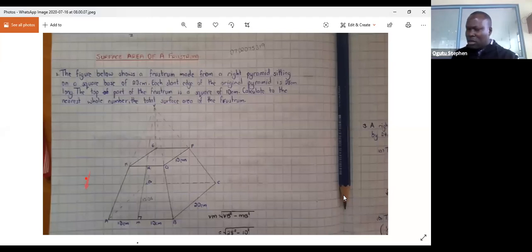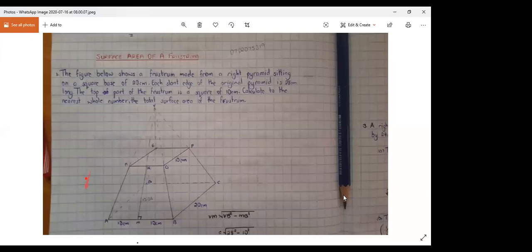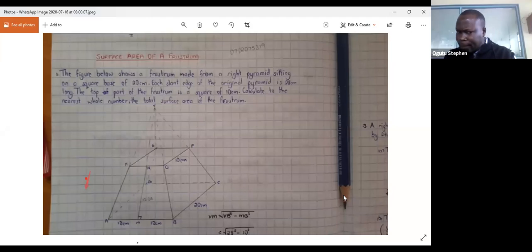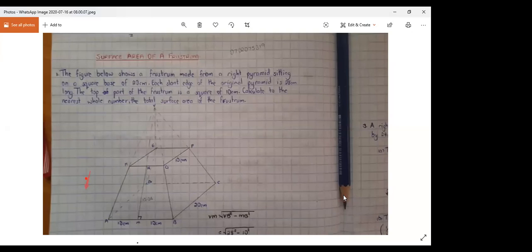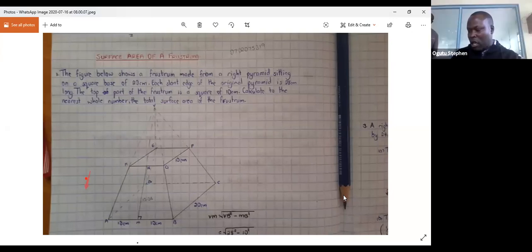Acha kwanza we just subtract. 261.5 centimeters squared. Na hii ingine?